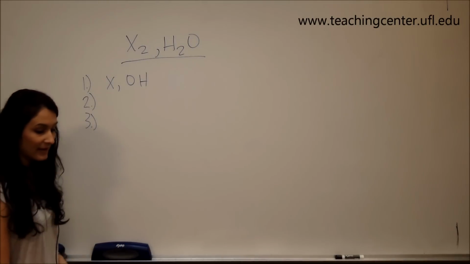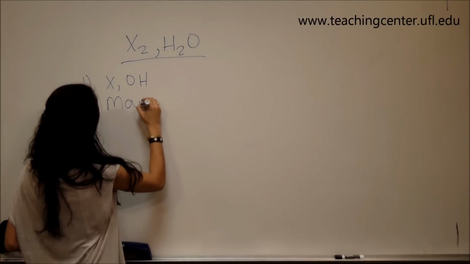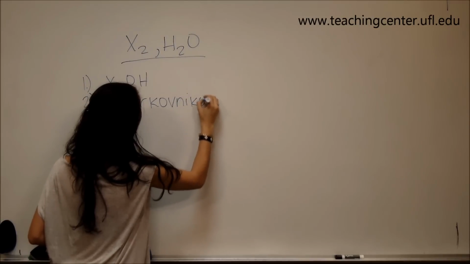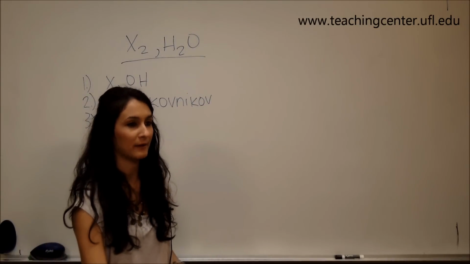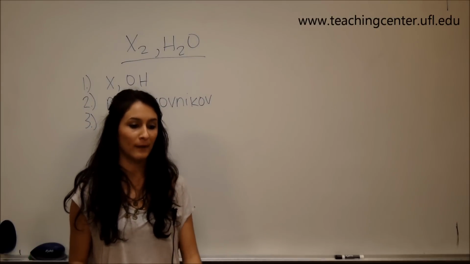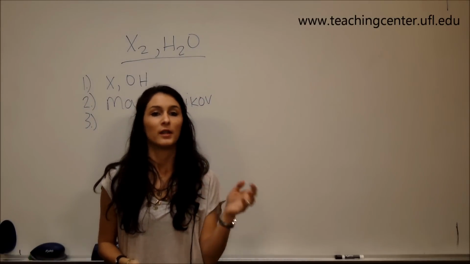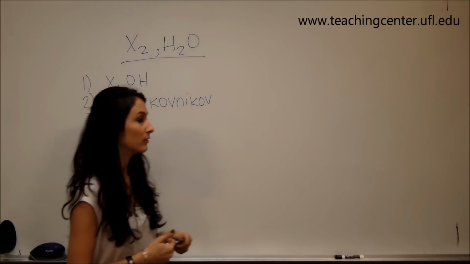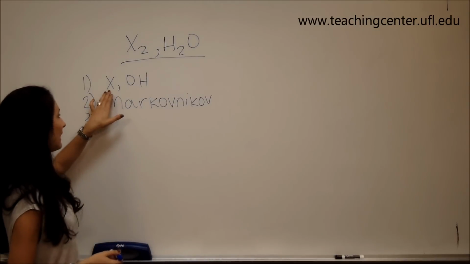Where this adds, this is going to add Markovnikov. You might be thinking about what that really means, because if you remember when we talked about Markovnikov before, the hydrogen went to the carbon that was less substituted, or the hydrogen went to the one that had more hydrogens, but we're not actually adding any hydrogens.